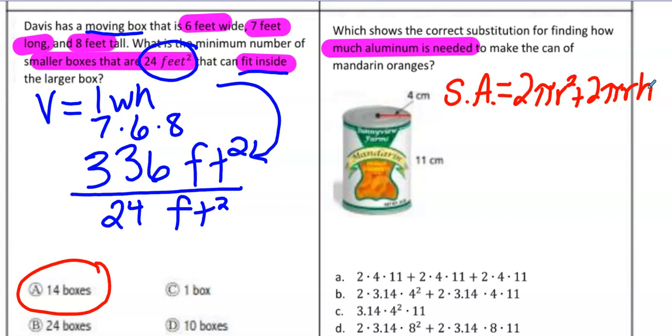So now we're going to go ahead and substitute the numbers in and then compare it with the numbers below. I can see down here that the choices are using 3.14 for pi, so I'm going to use that for pi as well.